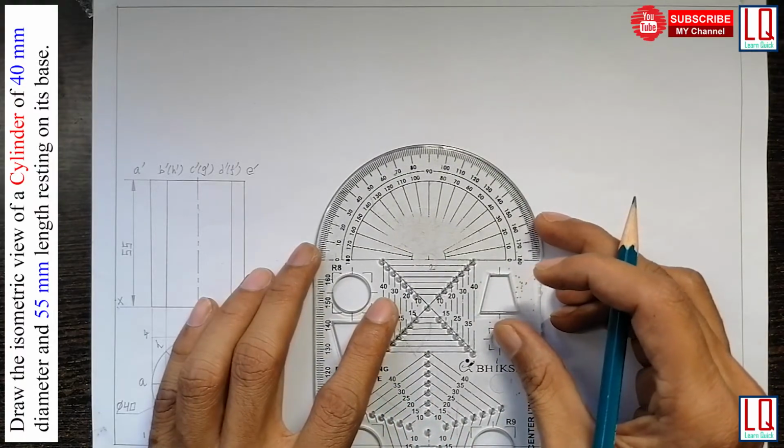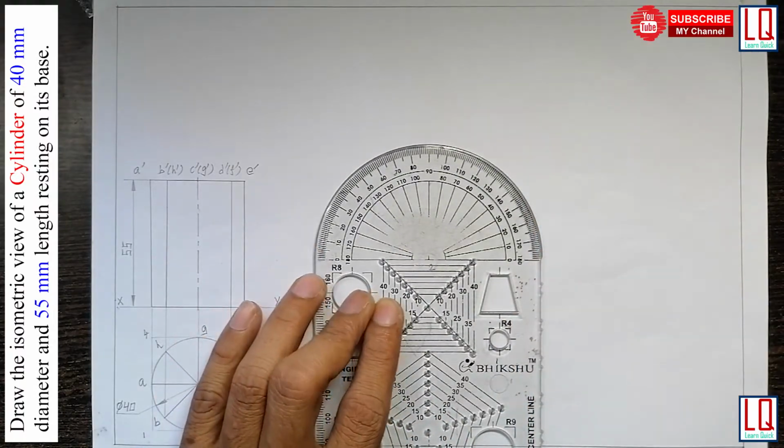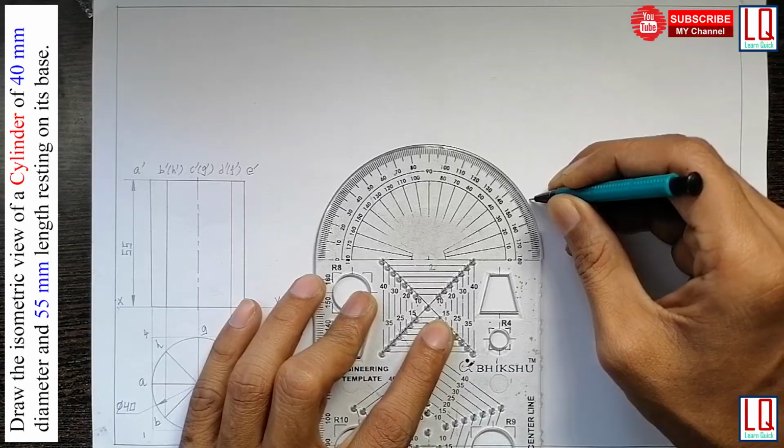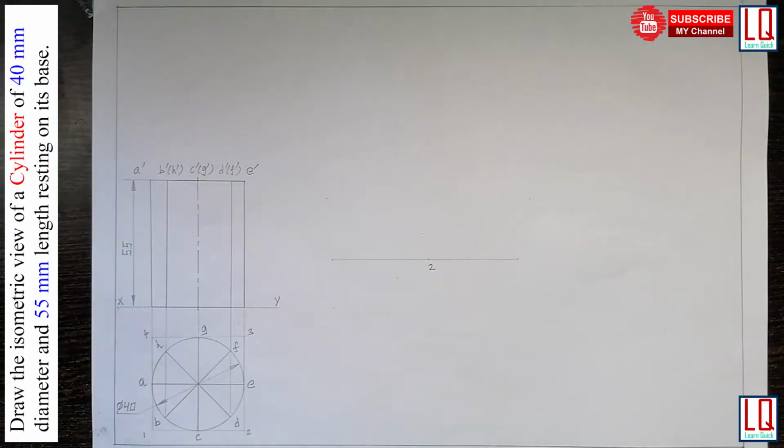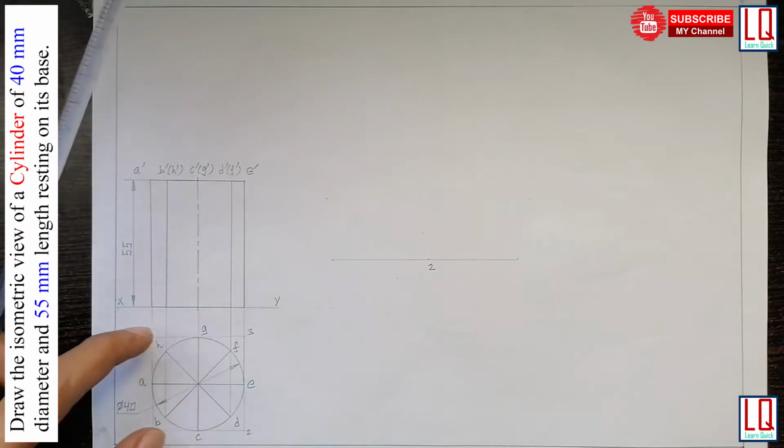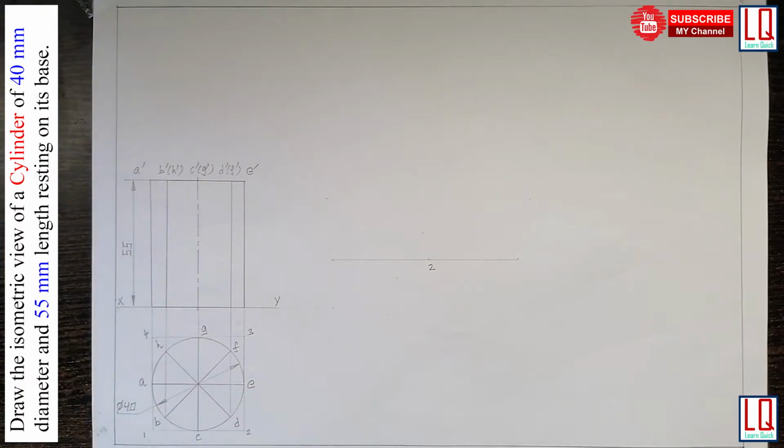Mark 30 degrees on each side. Now in the case of a cylinder, the length and breadth are obviously the diameter of the circle.